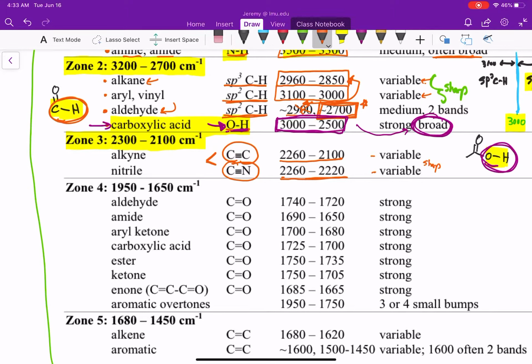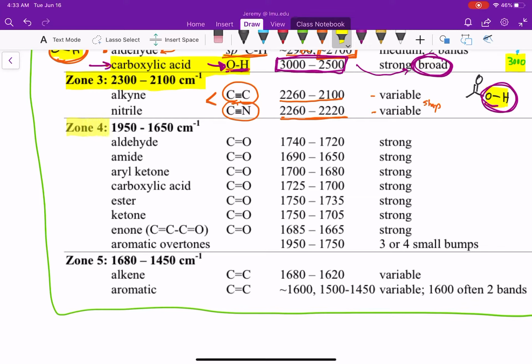Our next zone is zone 4. That comes between 1950 and 1650. And you can see there's a lot of common things we have: carbonyls. Carbonyls can be found in lots of functional groups. Aldehydes have carbonyls, amides, ketones, carboxylic acids, esters, enones, conjugated systems.